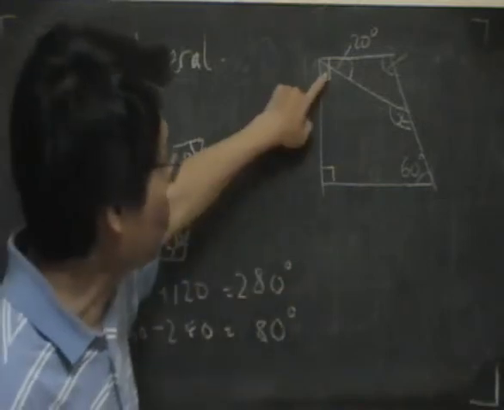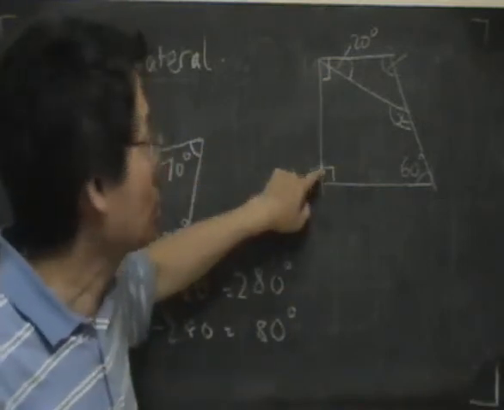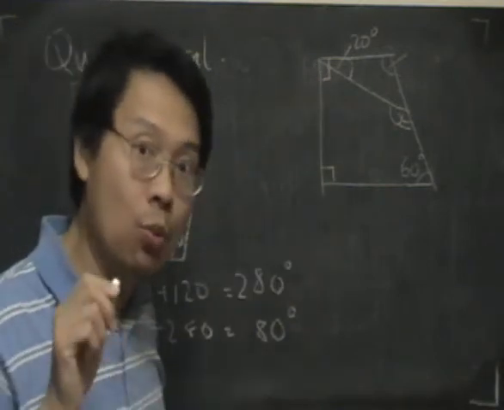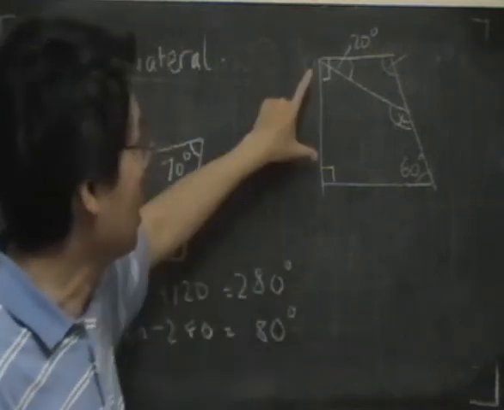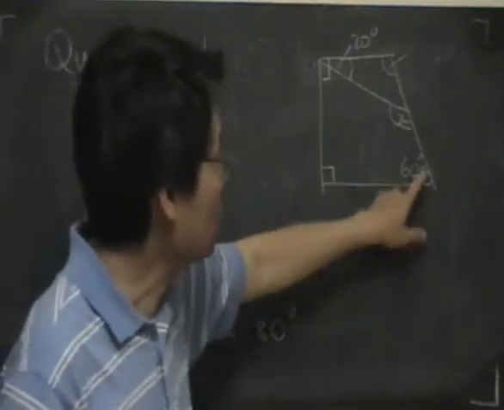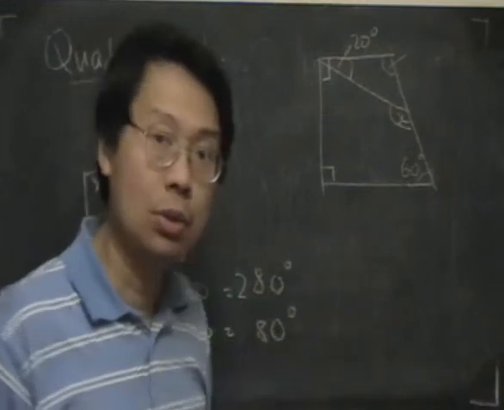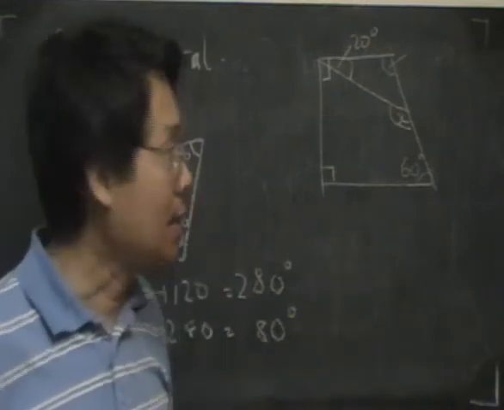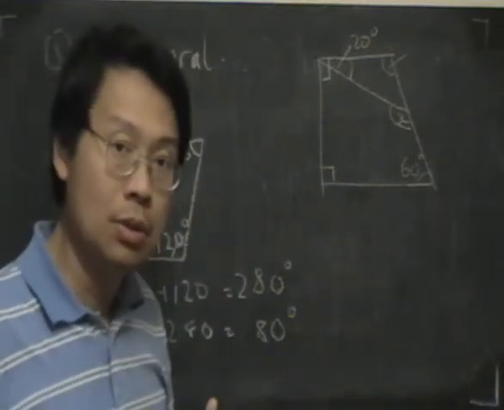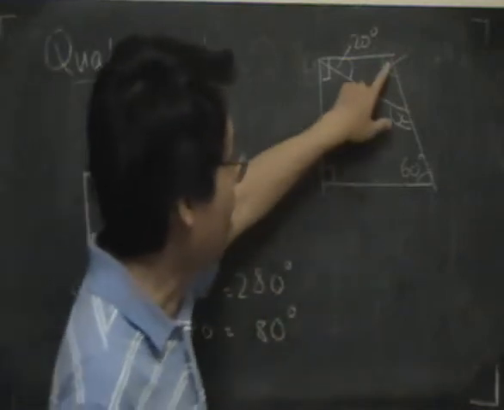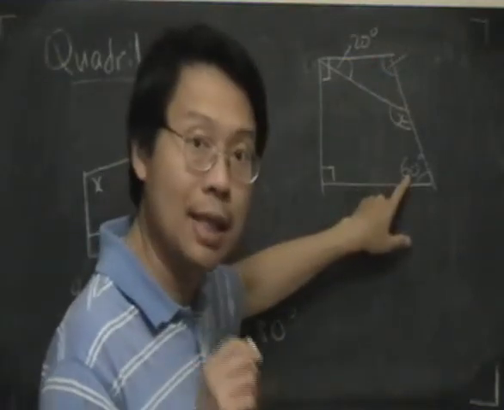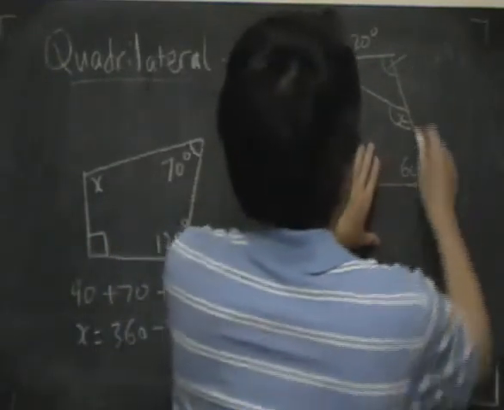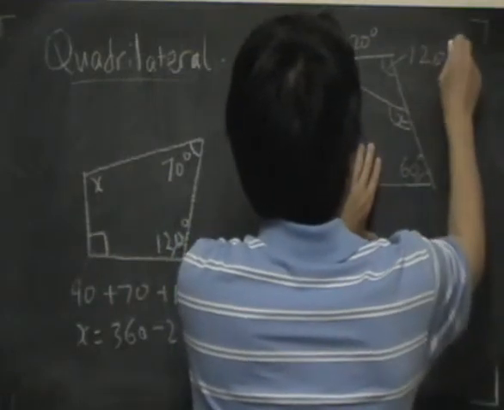Now those 2 angles are 90 degrees, so those 2 angles add up to 180 degrees. So that means those 2 angles must also add up to 180 degrees. Therefore, that angle would be 180 minus 60, which is 120 degrees.